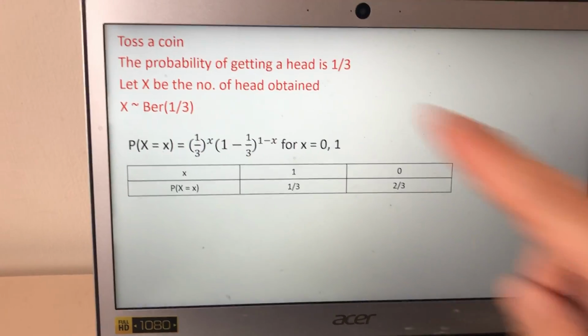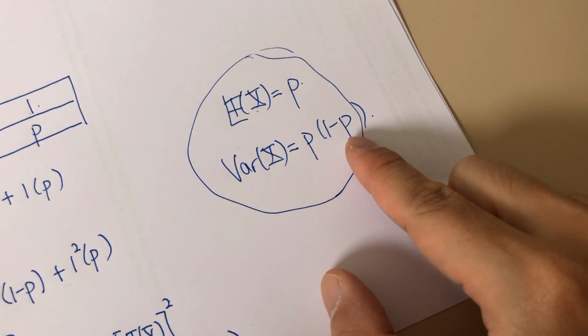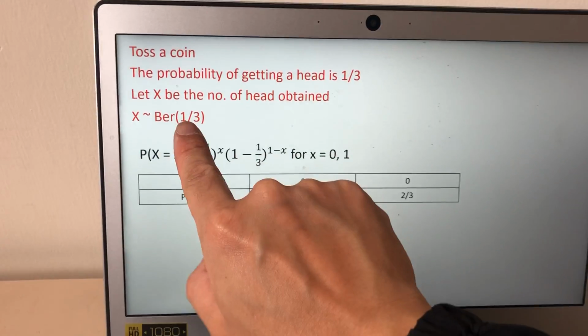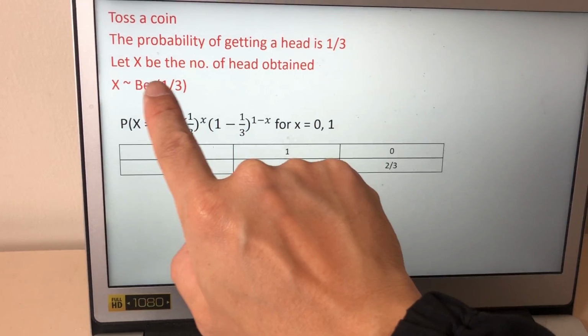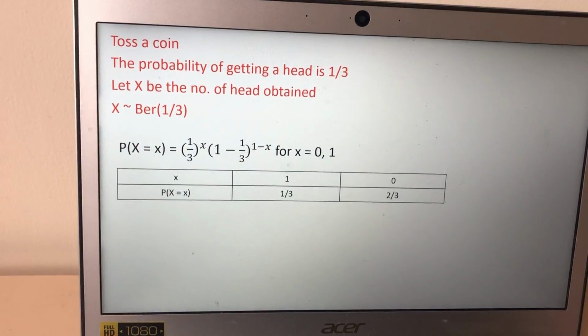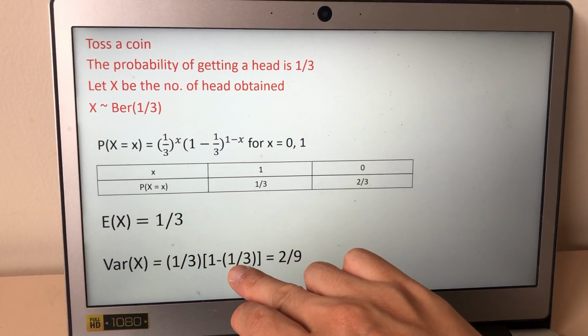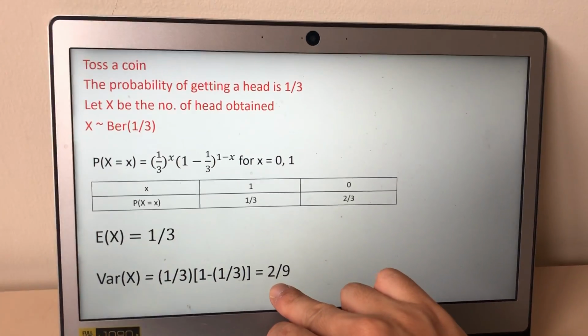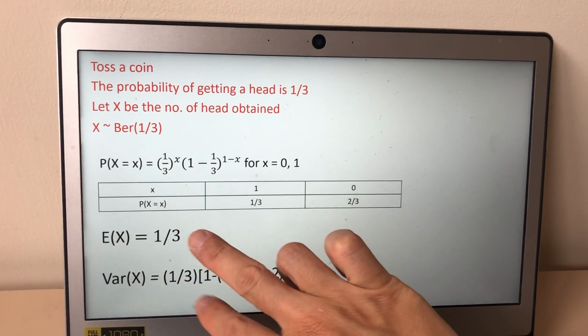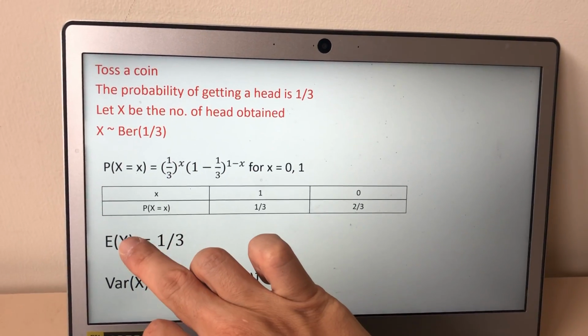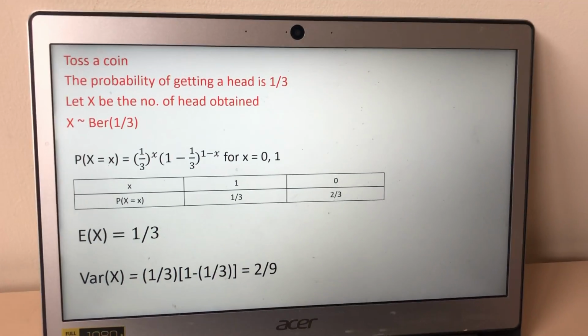And the variance of x is p times 1 minus p, so 1/3 times 1 minus 1/3, which is 2/9. So we can easily tell the mean and variance.